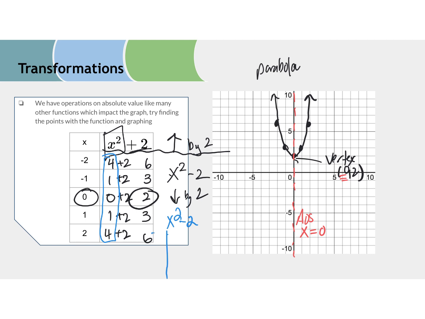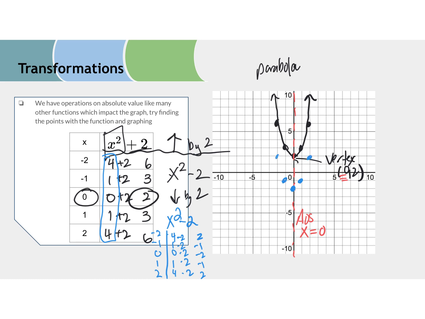So I have my x coordinates the same every time. 4, 1, 0, 1, 4. And I would subtract 2 from them. And so I would get something like 2, -1, -2, -1, and 2. And so if I was graphing that, this is what it would look like.